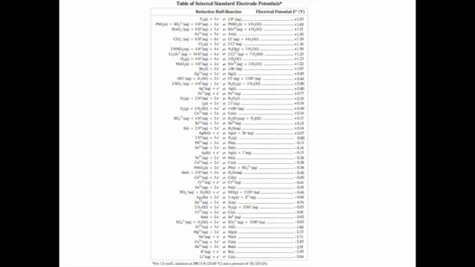Okay, so now if you turn to page 8 in your data book, you can see this chart, which is a table of reduction half reactions. And the 4 that we had on the last slide are on our table. There's silver at the top as the strongest of our 4, and then copper is below that, and then lead, and then zinc. Okay?